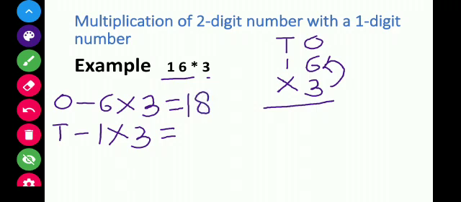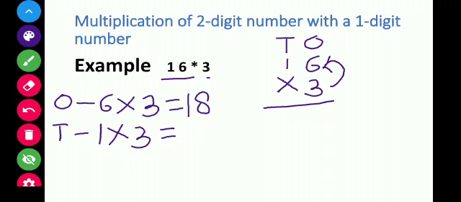Now children, we cannot write this 18 under ones. Why? If you remember your addition chapter, I taught you there that we cannot write numbers more than 9 under ones place. We can only write numbers up to 9, and if we are having a greater number at ones place, we will break it into ones and tens.